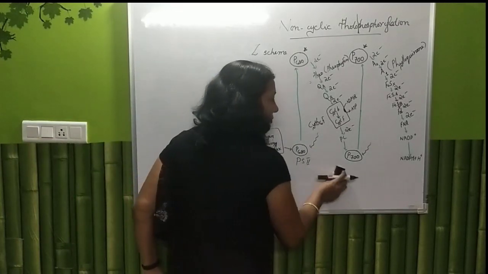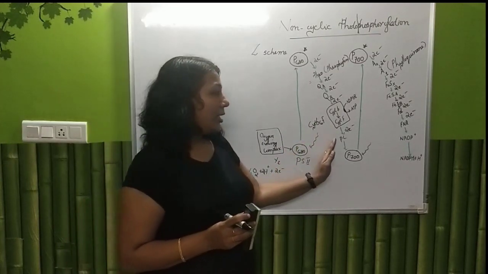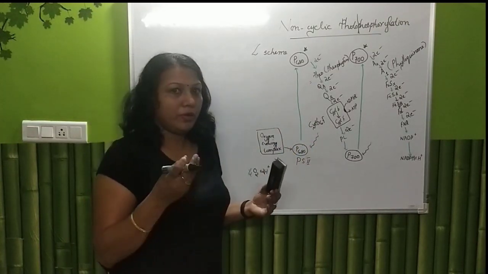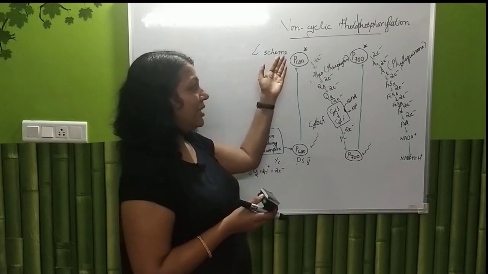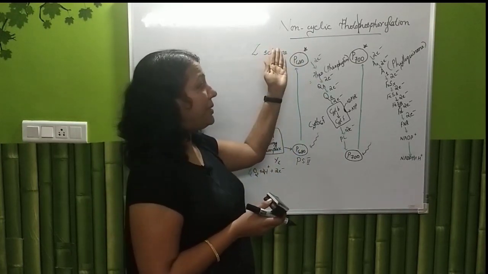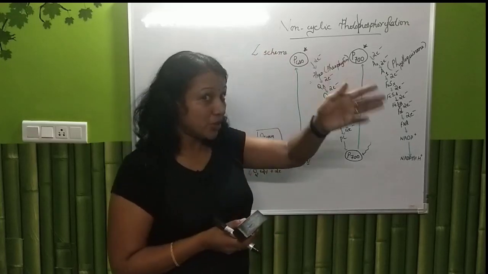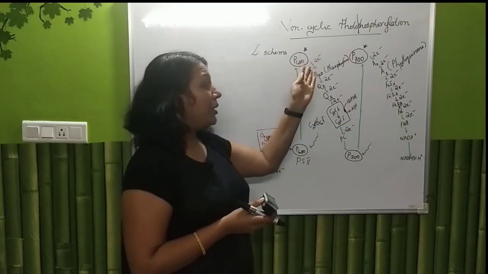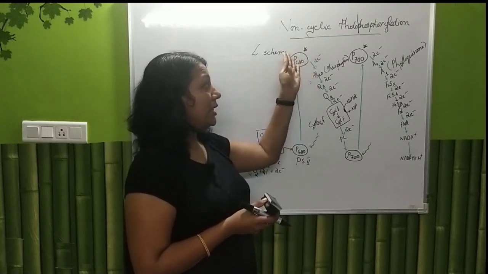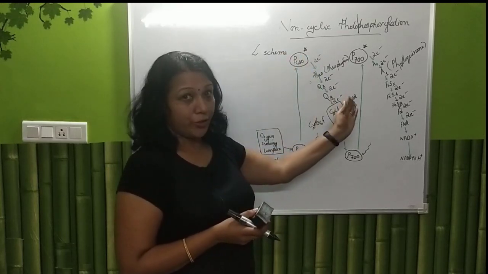Okay, done. Now if you ask me what is pheophytin? Pheophytin accepts electron from P680, or it is the primary electron acceptor of the non-cyclic photophosphorylation, right? It is the one which passes this electron to plastoquinone.